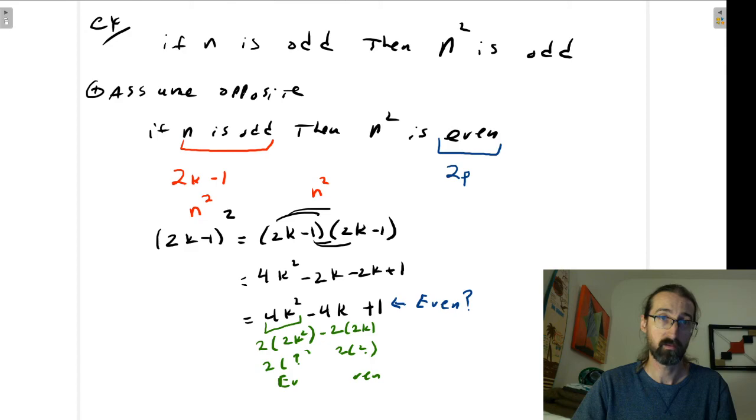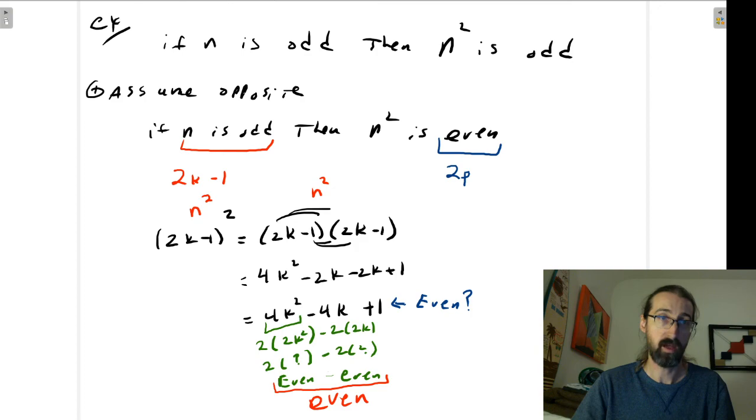Two even numbers minusing each other. I know that this is going to be even. I know that this is even.